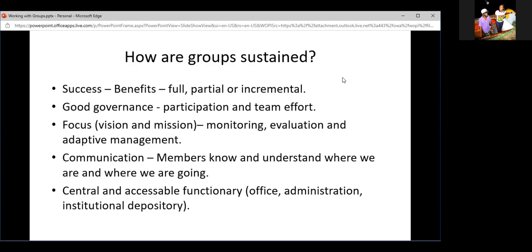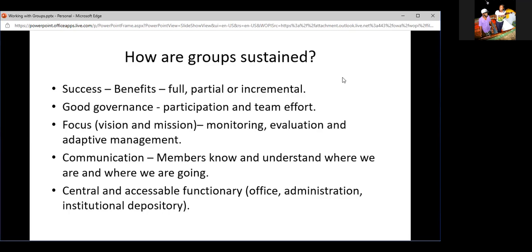For example, you may have a group that is made up of persons who actively fish, and then you may have persons like me who have never gone out on a fishing vessel, who know management. But the important thing is that all of us are coming together, and in order for us to remain together, there has to be a level of cohesiveness. And there are particular things that have to be done in order for us to achieve that.